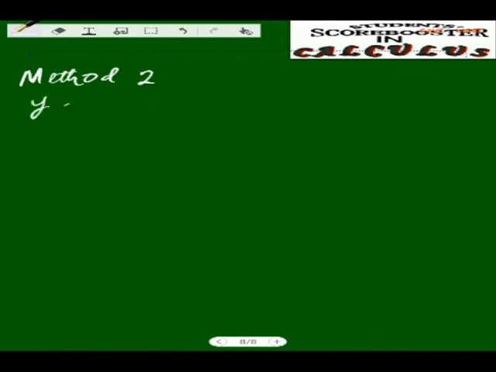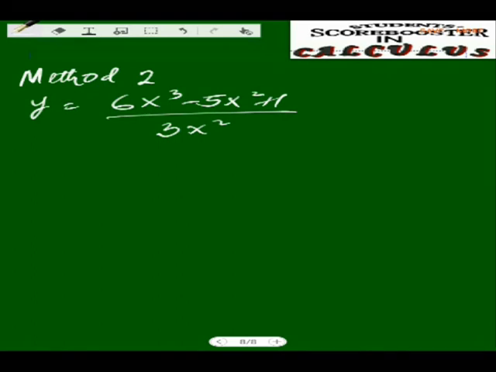So method 2, y is equals to, I just want to rewrite the question, 6s cubed minus 5s squared plus 1 over 3s squared. Now in this method, rather than using the quotient rule, I want to simplify.